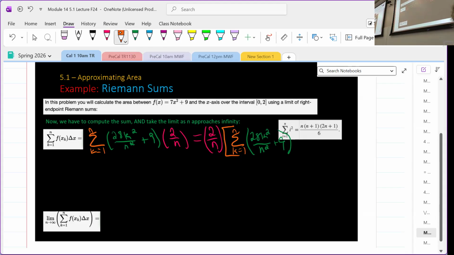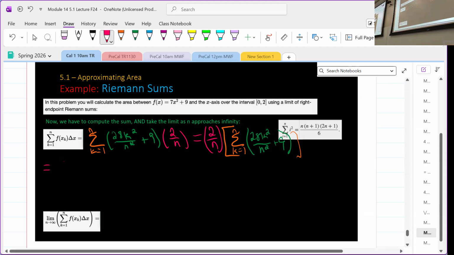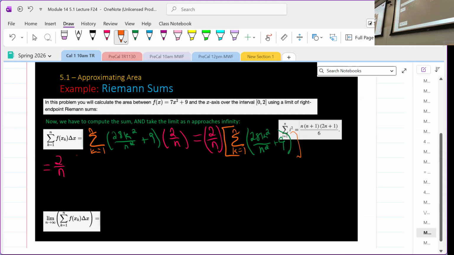Now I have sigma split with a sum. I can split the sigma across the sum. I still have the 2 over n outside. And now I'm putting some brackets because now I'm splitting that sigma.